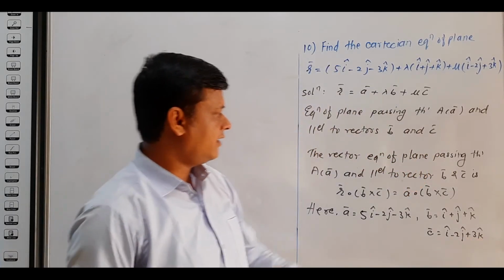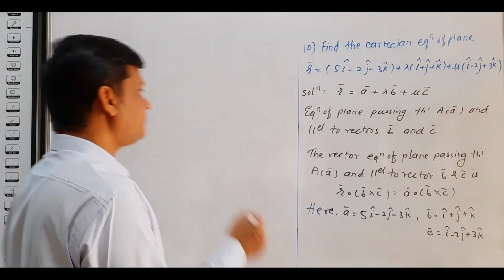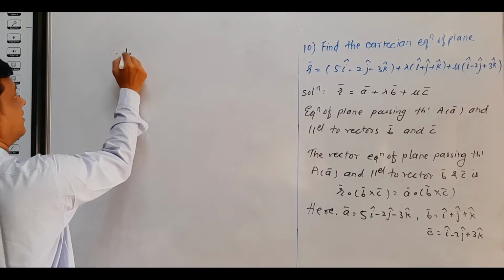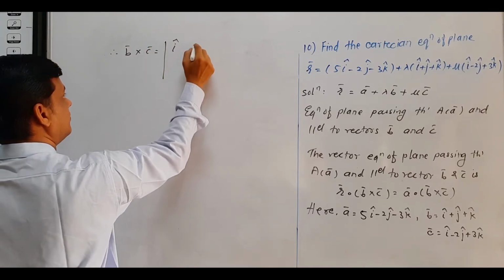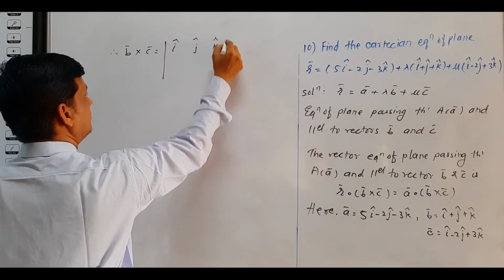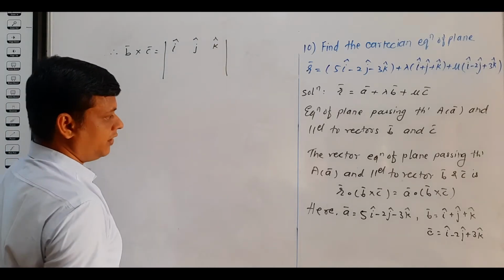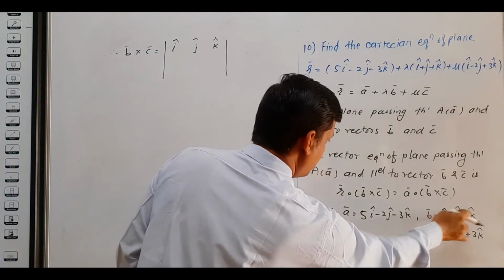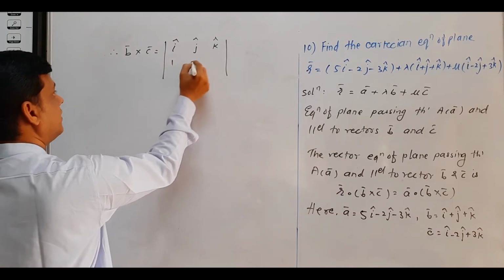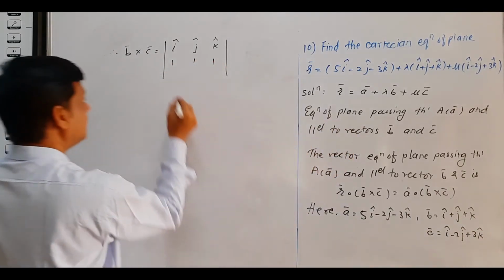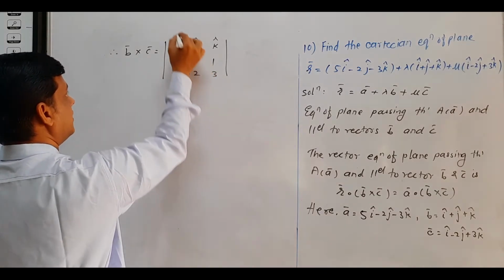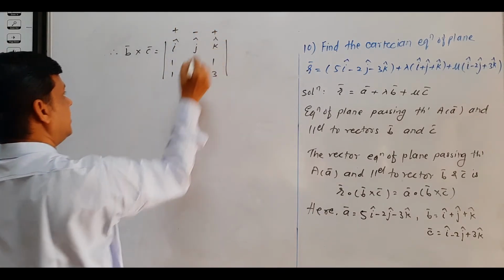Now we first find B bar cross C bar. Therefore B bar cross C bar is equal to, in the second row we write 1 1 1, in the third row we write 1 minus 2 3. Solve this determinant.